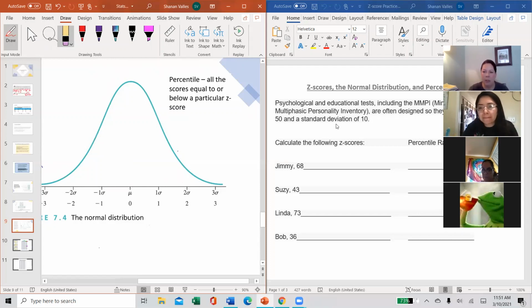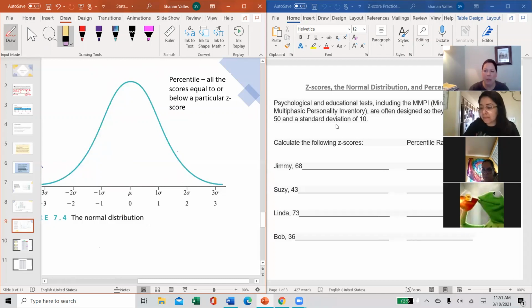Now this little problem over here is talking about an MMPI. That's our Minnesota Multiphasic Personality Inventory. This is a super fascinating, interesting test, and in your future, Cynthia would be using this test probably quite a bit.